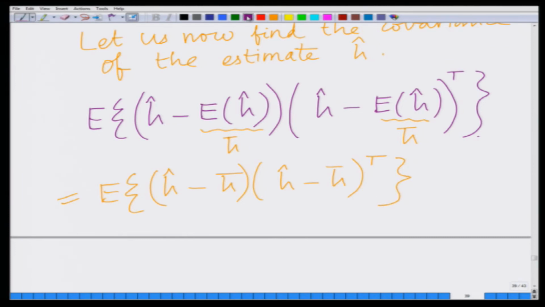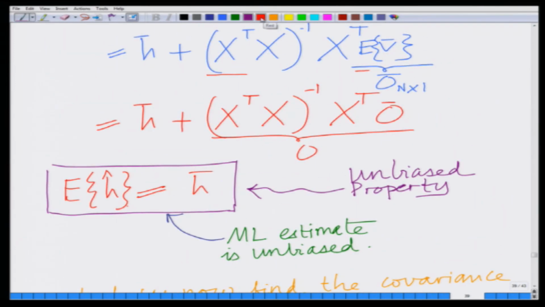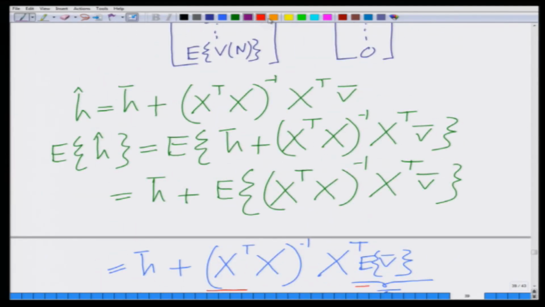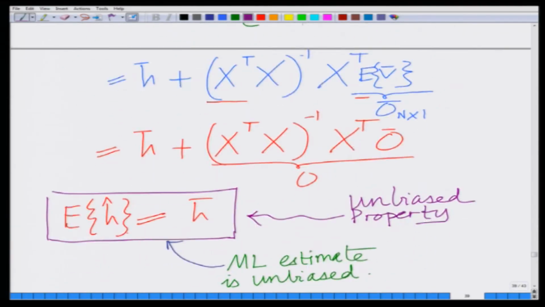Now, we have already seen that H hat equals H bar plus x transpose x inverse x transpose V bar.